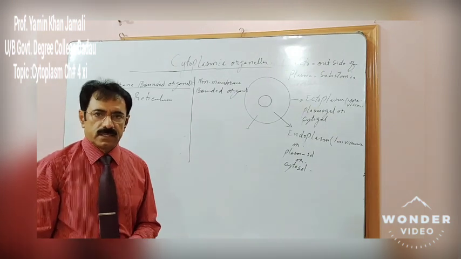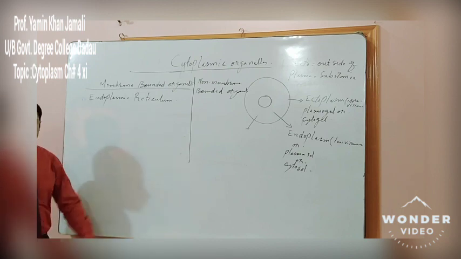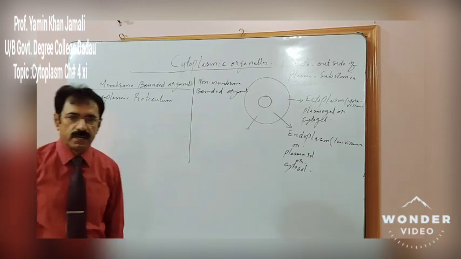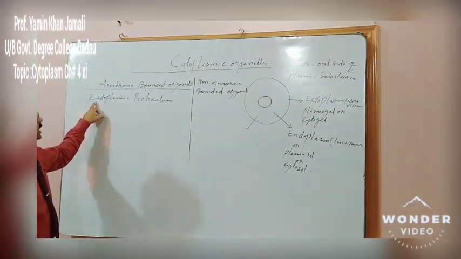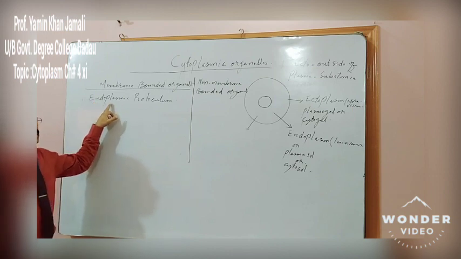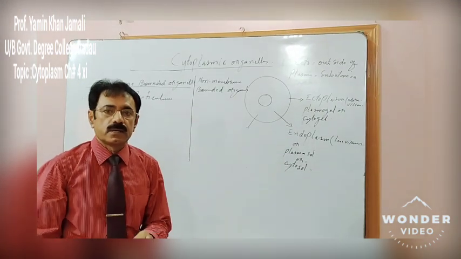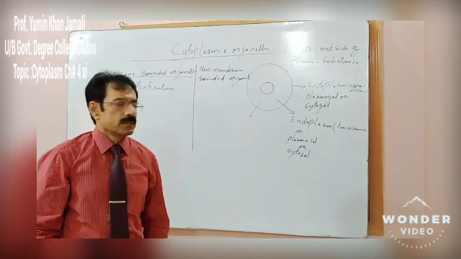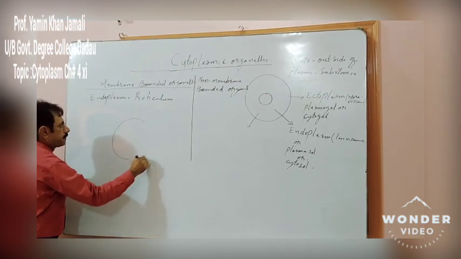But we will discuss here only the endoplasmic reticulum. Let us see the actual meaning of the word endoplasmic reticulum. Endo means inside, plasma means substance, reticulum means network. It is a lipoprotein tube-like network that occurs in the cytoplasm.